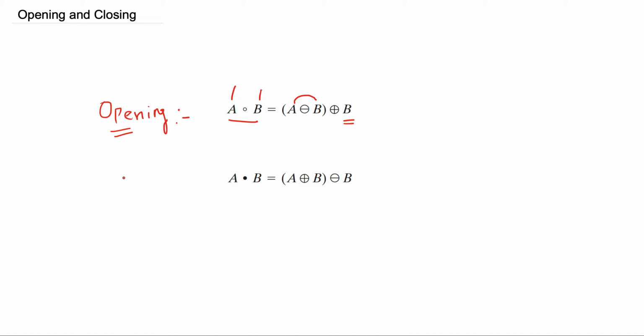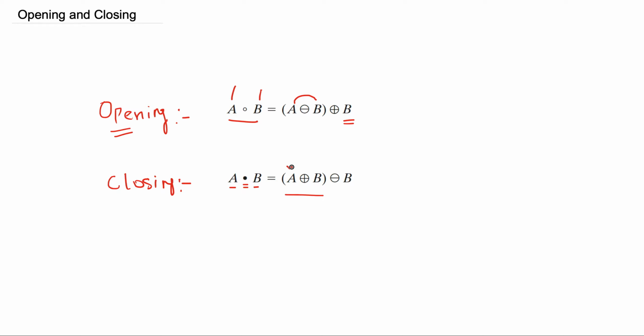Okay, now we have just the opposite of opening, that is closing. In closing, I will be using a dark or a filled circle in order to indicate the operation of closing. So you have an image A and a structuring element B. In order to close an image with a structuring element, the definition goes like this.